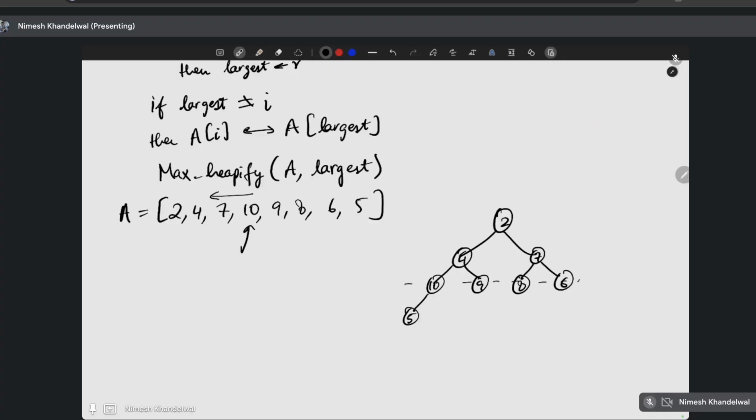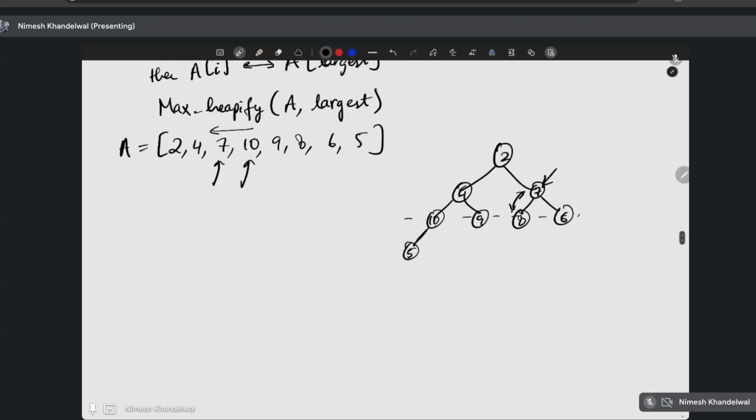So yeah, continuing what we were doing, we start at 10 and then we check at 10, it's balanced. Then we check 7, right? So 7 is not balanced, so we swap 8 and 7, right?